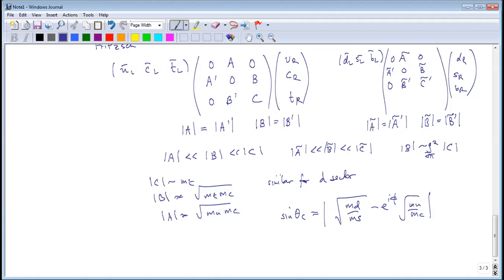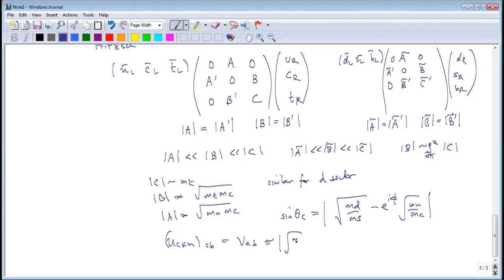Interestingly though, there's another prediction, which is for the CKM entry VCB. And what you get is a similar type of relation. I'm squiggling it again.